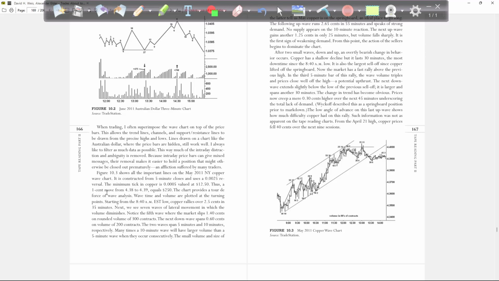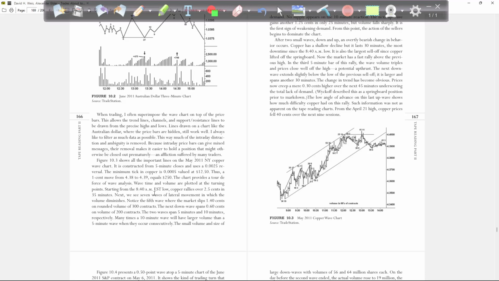Thus, a 1 cent move from 4.38 to 4.39 equals $250. The chart provides a tour de force of wave analysis. Wave time and volume are plotted at the turning points.